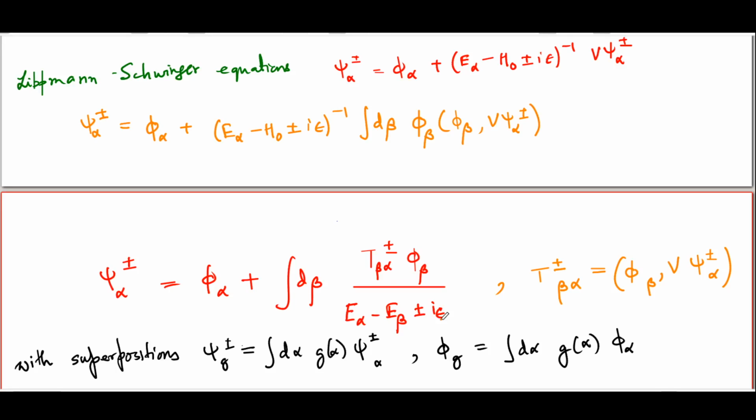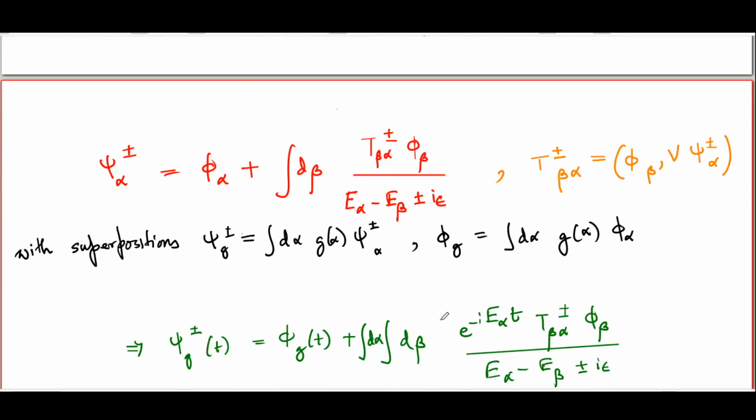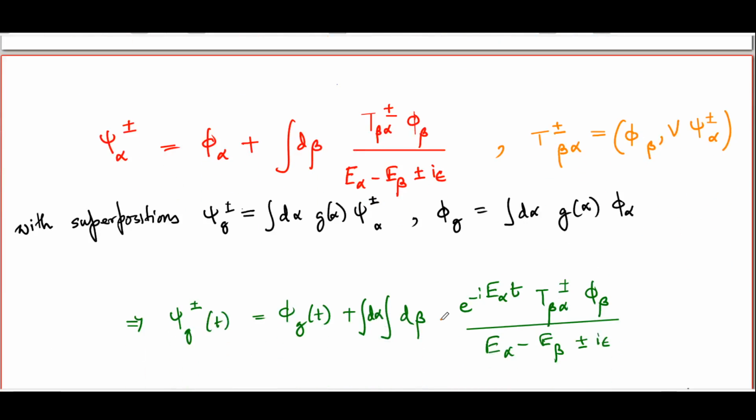In order to make sense of this, what you need to do is work with superpositions for the free particle states and the corresponding superpositions with the same weighting function g alpha for the in and out states. And the Lippmann-Schwinger equation for these superpositions essentially becomes psi g plus minus t. This of course is not the wave function or not the state vector at the time t. It is actually a time displaced version of the state vector viewed from another observer whose clock is displaced by minus t compared to the original observer.